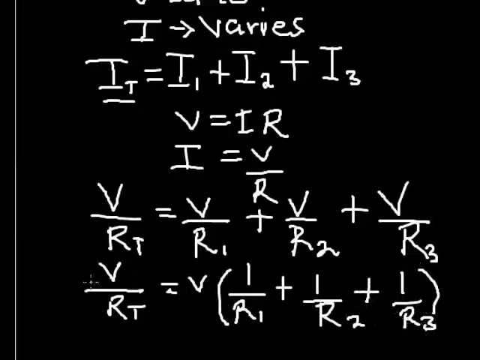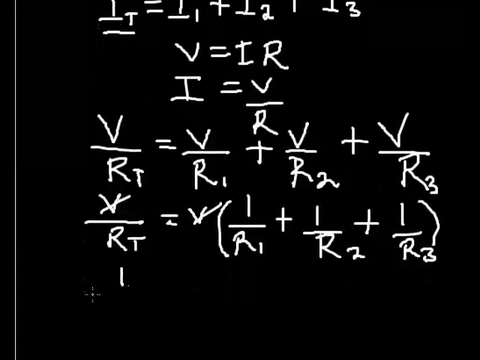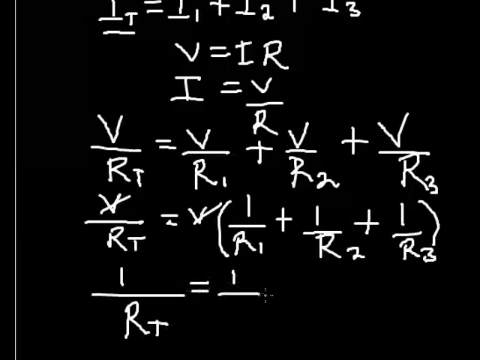V is found in the same position on both sides of the equation, so they will cancel out. So that you are left with 1 all over RT is equal to 1 all over R1 plus 1 all over R2, then plus 1 all over R3.